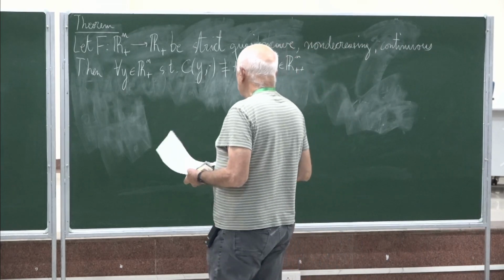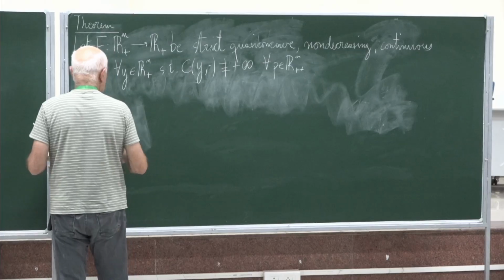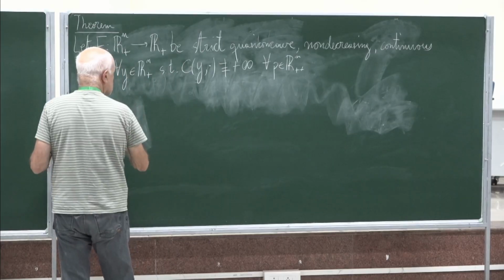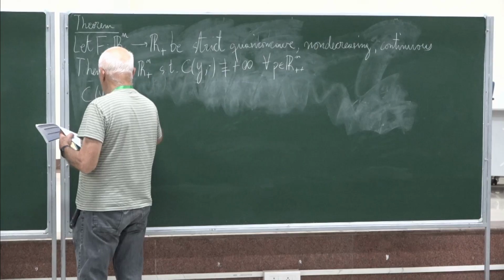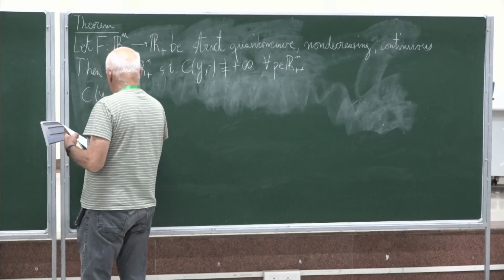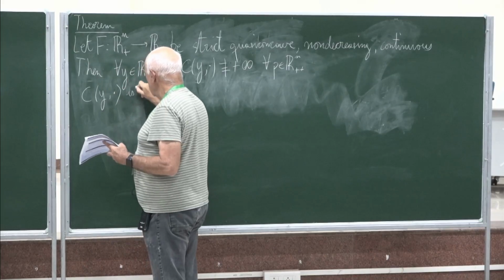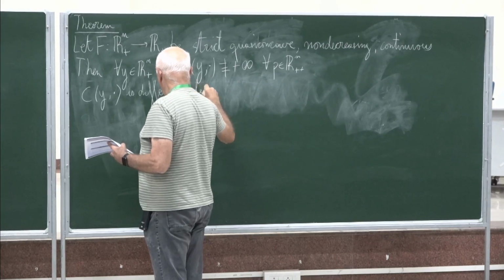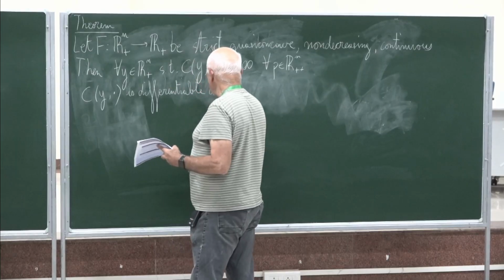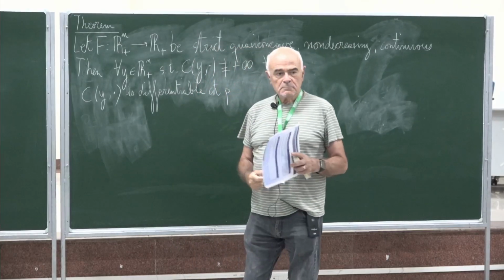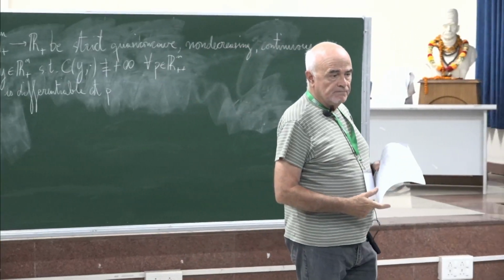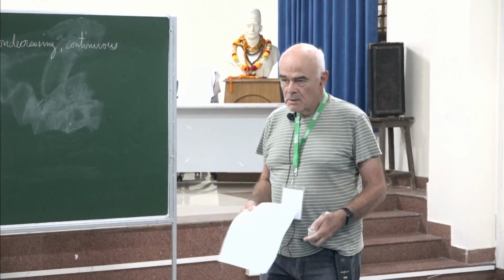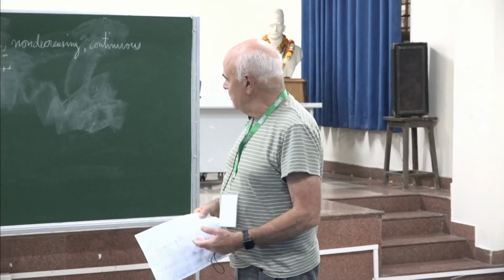Well, then, in such a situation, for every y and every p, C as a function of the prices is differentiable at P. So C is differentiable everywhere for that particular Y. The proof is quite simple.